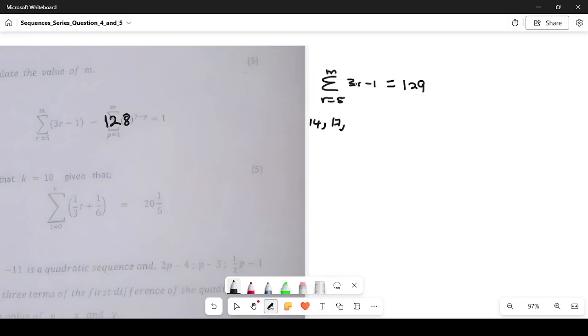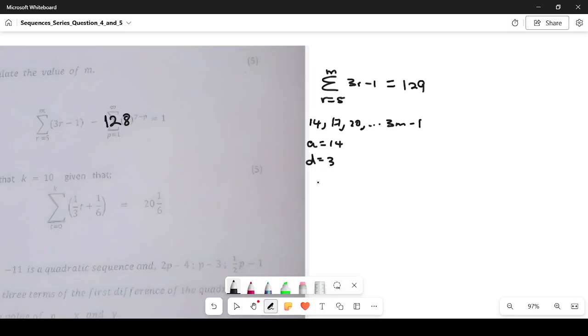Then 3 into 7 is 21 minus 1, that's 20, and so on up until 3m minus 1. Now our first term is 14, and notice that this is a linear pattern, so the common difference is 3.